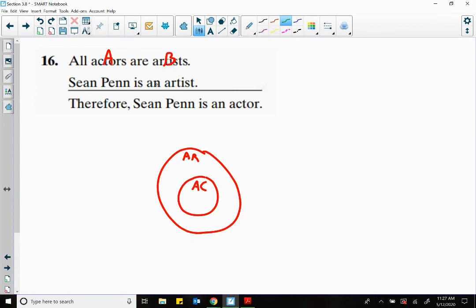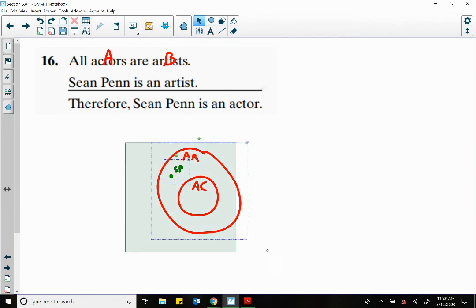Okay? Next, it says Sean Penn is an artist. So this piece right here, this is like a point. Okay? They're telling you where to put Sean Penn. Okay? So they're saying Sean Penn is an artist. So one way we could draw this picture is to put a point right here and call this SP for Sean Penn. Now, is that the only place Sean Penn can go?